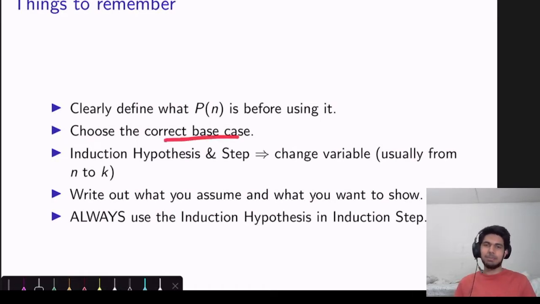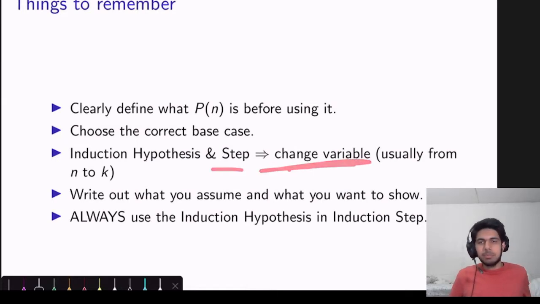Second, choose the correct base case. This point's kind of silly, because obviously if I'm trying to prove something correctly, I've got to do things correctly. But this comes down to thinking critically about what your domain is and what things are bounded by. Third, in your induction hypothesis and step, make sure you change your variable.